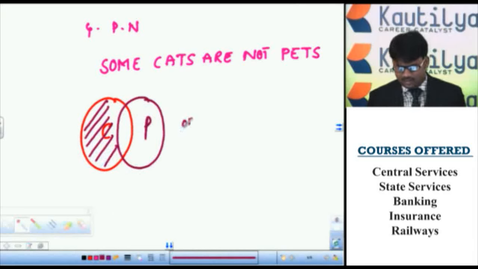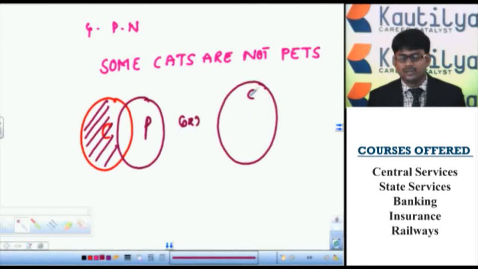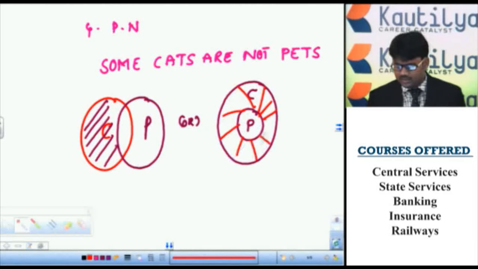Then we take another diagram for the given statement. We take the whole cats in the universe, in that some of the cats belong to pets, but some of the cats do not belong to dogs. This is the representation for another diagram.